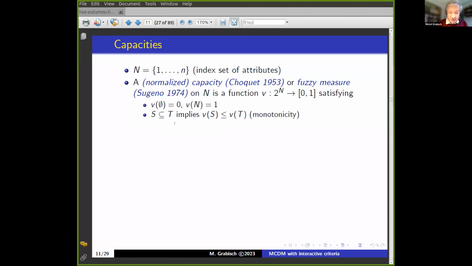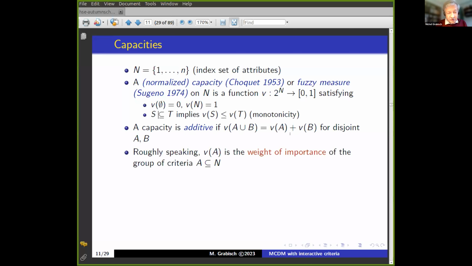This is monotonicity. A very simple case is additivity. If you take two disjoint subsets of attributes A and B, then the importance of the union is just the sum of the importance of A and B separately. But of course, as we will see, additivity is very restrictive and it will amount to the simple additive model. So we will not consider it.